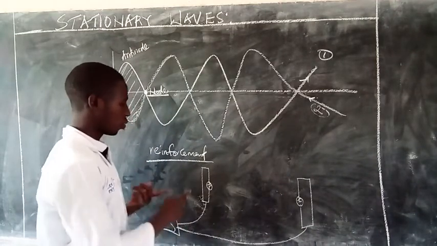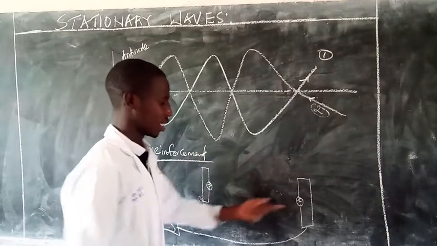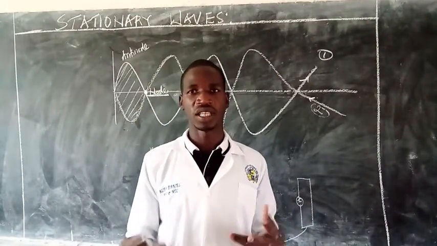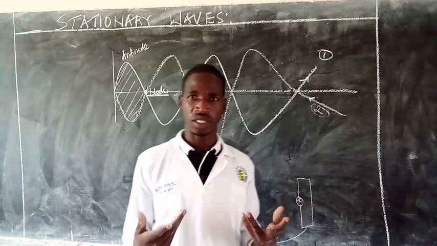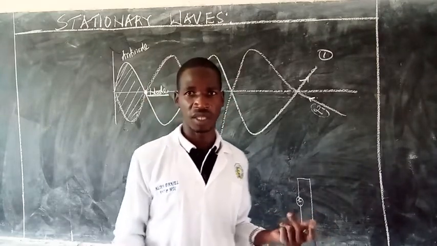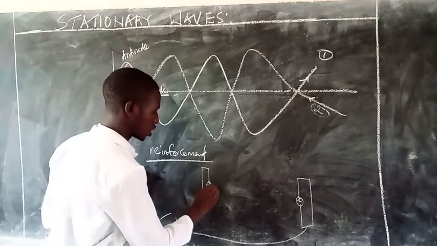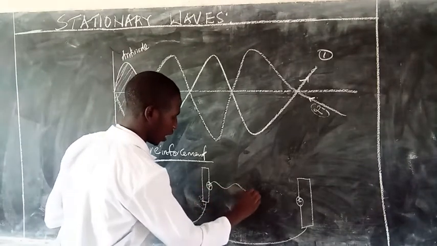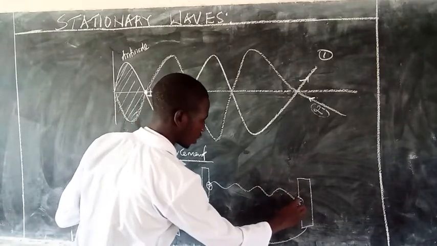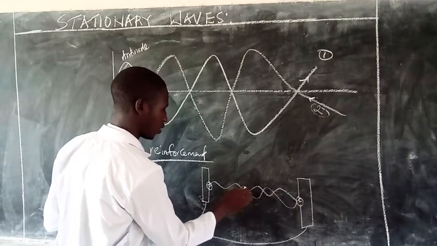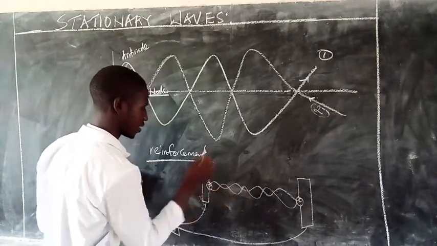That means that the sound produced by this loudspeaker and the other loudspeaker will have the same speed, same velocity, same amplitude. Reason being, they are from the same source. So as this one is producing its wave, the wave will travel along that. This one also produces its wave, it will also travel along that.